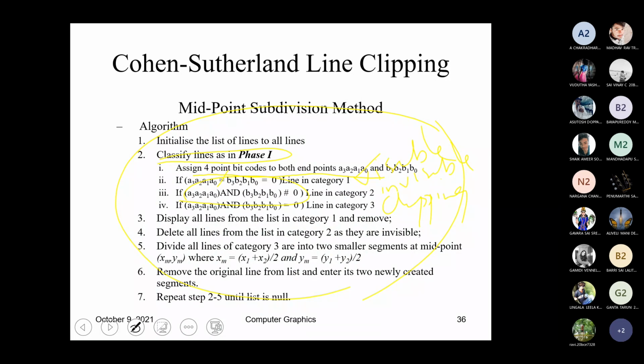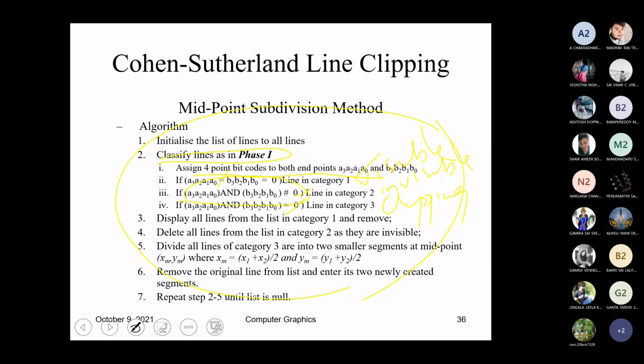Otherwise, you should perform the AND operation on the endpoints. If AND is not equal to 0, then the line is invisible. If the AND operation is 0, then the line is considered the clipping case.